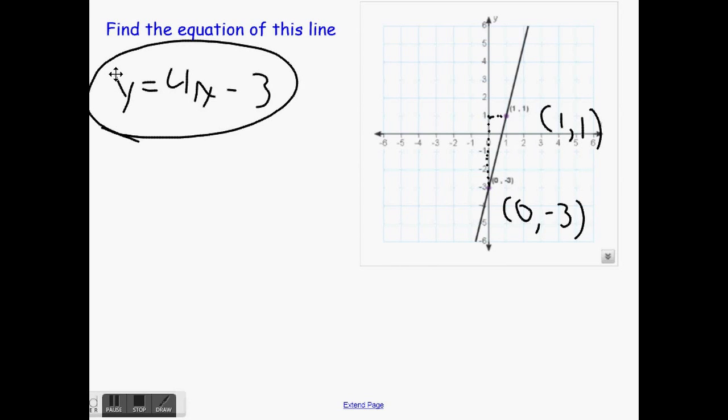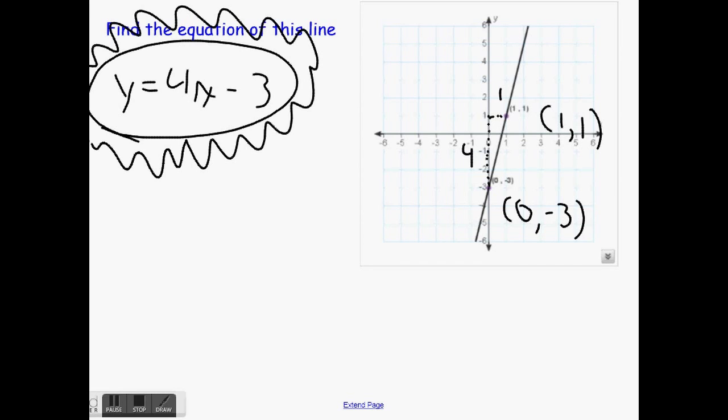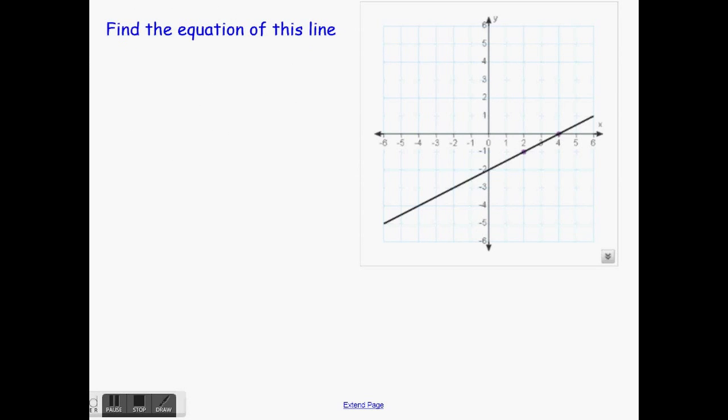So that gives me the 4 there, 4 over 1. And our line passes through negative 3, which gives us our intercept. So yes, this is correct. Is it wrong if I put in 4 over 1? Nope. It is not wrong. By all means, go for it. So that is our answer. Well done.